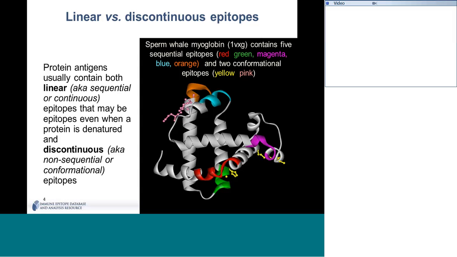For example, for myoglobin, linear epitopes are usually just stretches of amino acids on the protein. The discontinuous epitope, also called conformational or non-sequential epitope, is made of residues which come together in space to be recognized by antibodies.